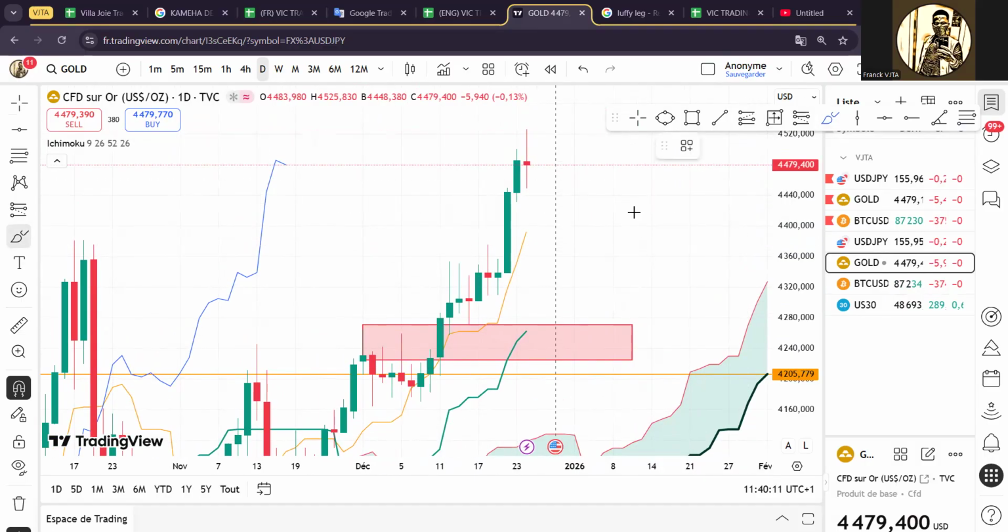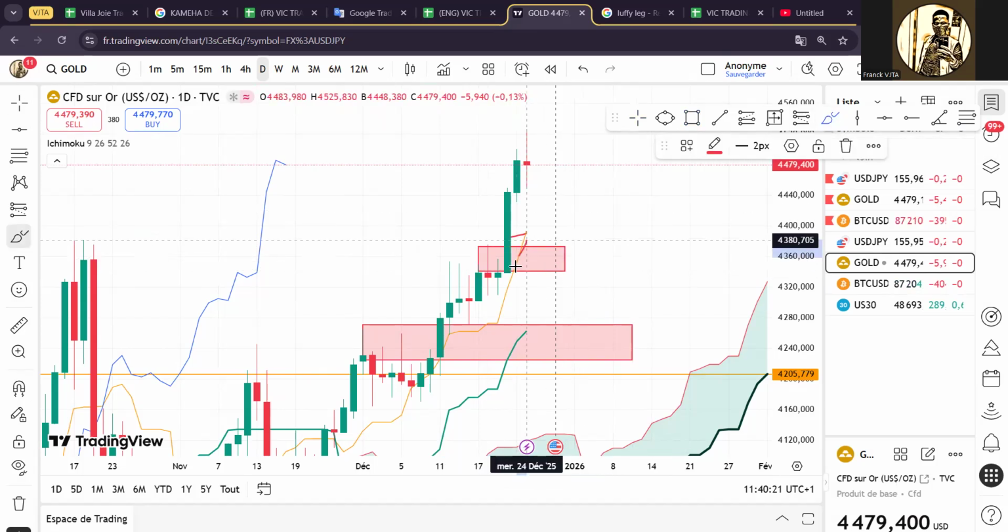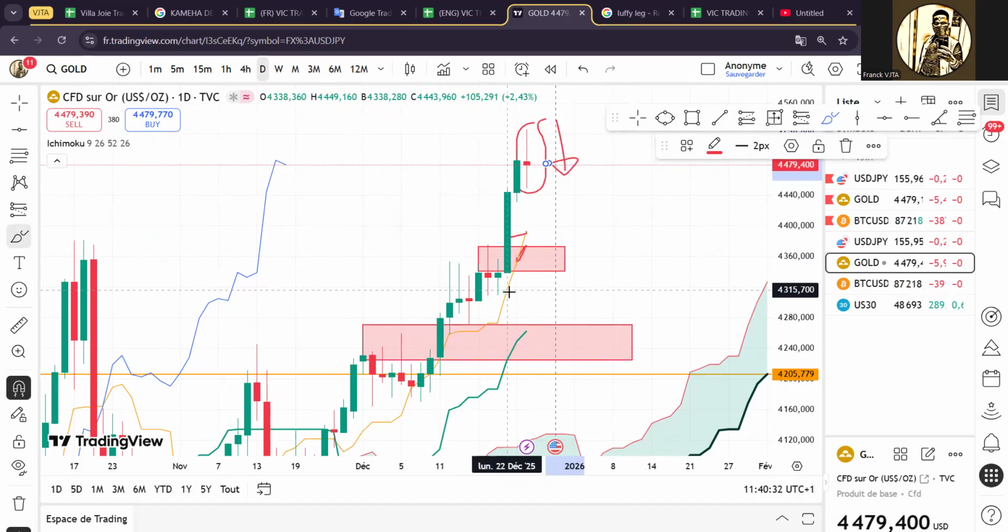So let's look at the daily. What do we see? Tenkan daily got inside its resistance, so that's why you see this red candle. The short reversal is on the Tenkan daily origin.